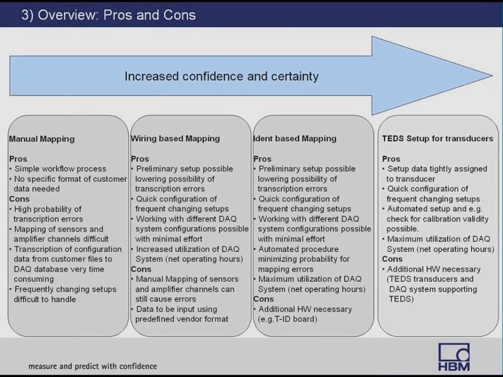And you have a maximum utilization of your DAQ system because it is very easy to set up the data acquisition system. This is done usually automatically when you connect the transducer. The cons are, again, you would need additional hardware, the TEDS transducer and the data acquisition system supporting the transducer electronic data sheet, of course.